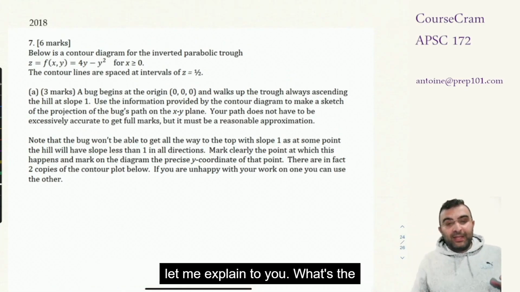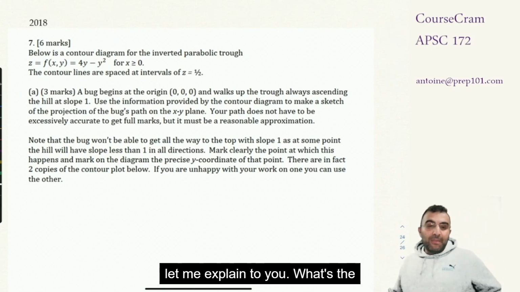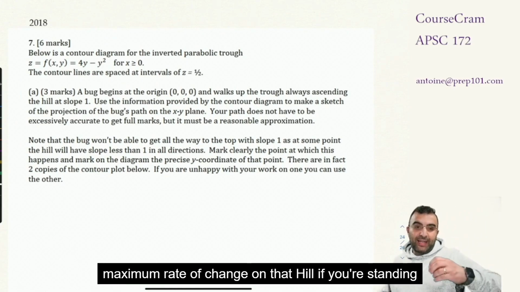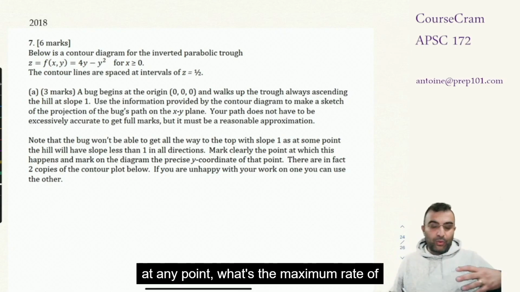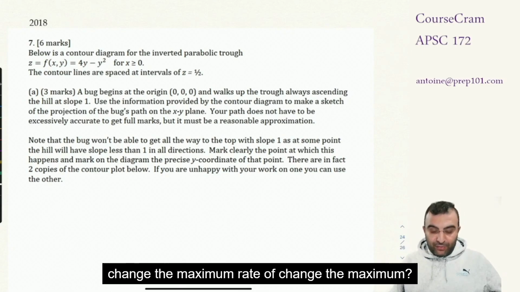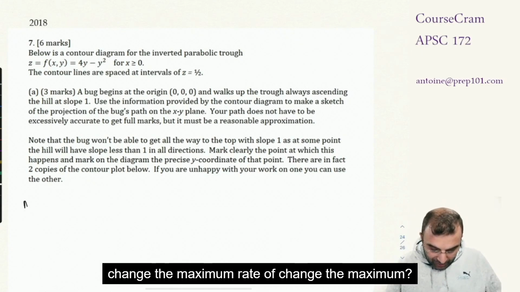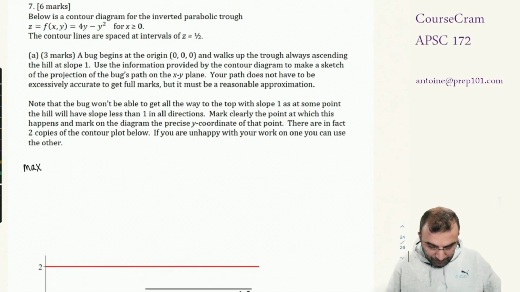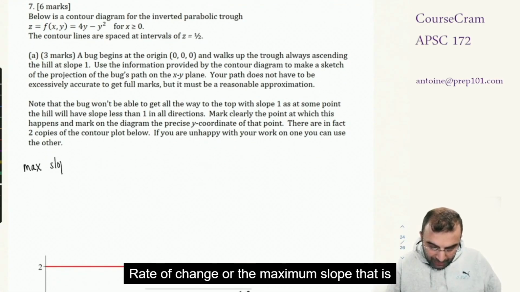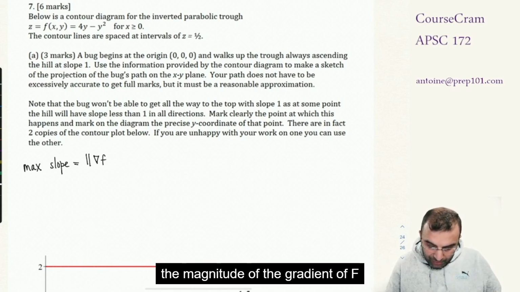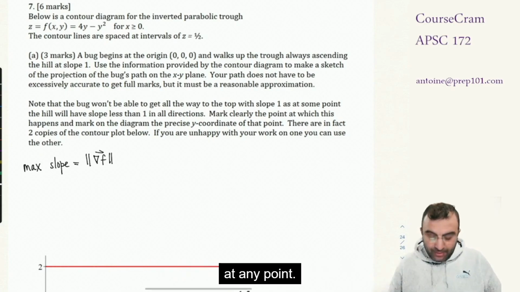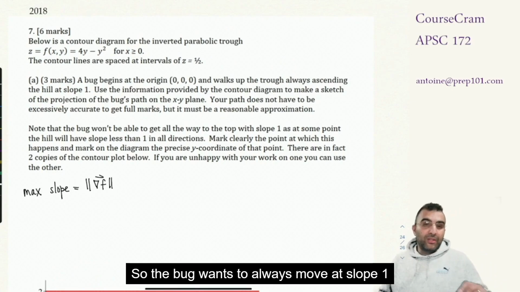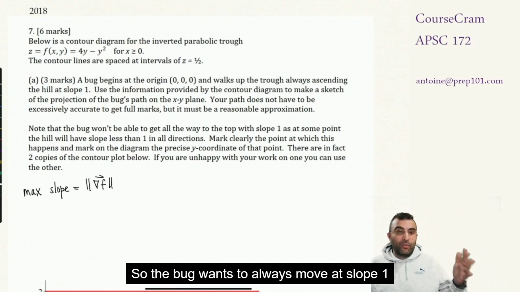So let me explain to you. What's the maximum rate of change on that hill? If you're standing at any point, what's the maximum rate of change? The maximum rate of change, or the maximum slope, is the magnitude of the gradient of f at any point. So the bug wants to always move at slope 1.